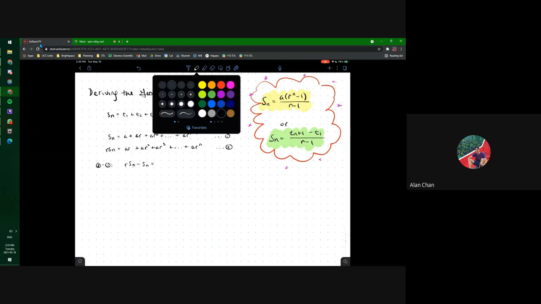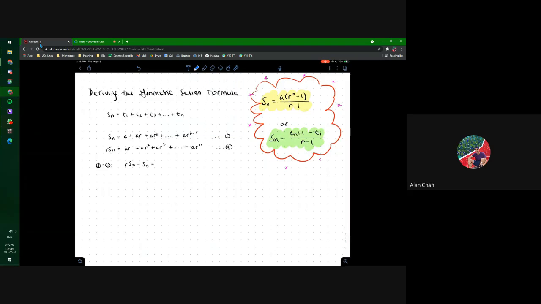The right-hand side, now this is where the fun stuff begins. We are subtracting them, not adding them. So when we subtract these two, you'll notice that if I take this equation and subtract the first one, I'm taking ar and subtracting another ar. I'm taking ar squared, subtracting another ar squared. And you know this pattern will continue, up until what?